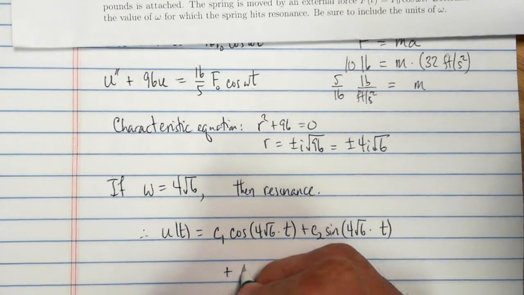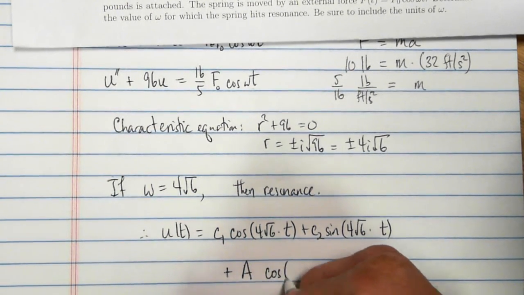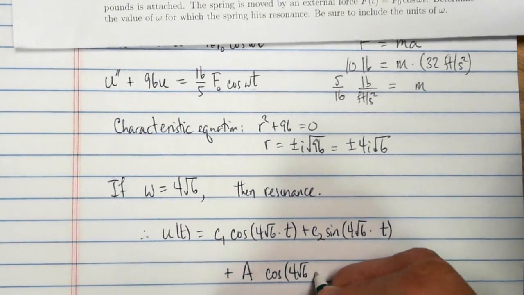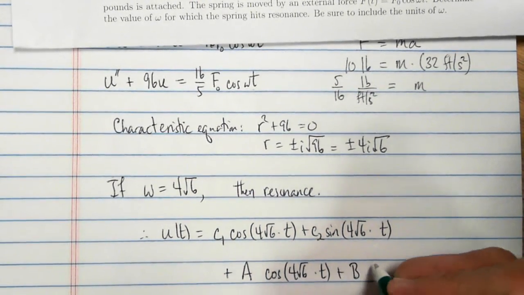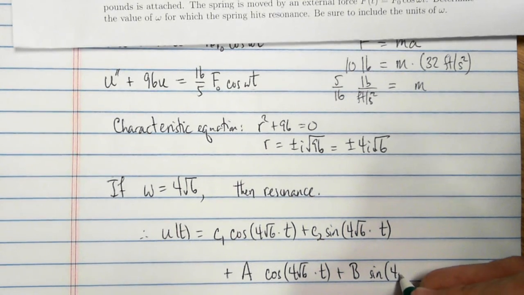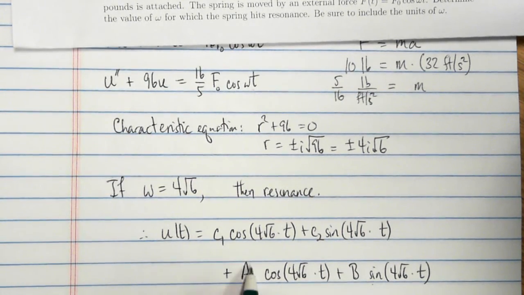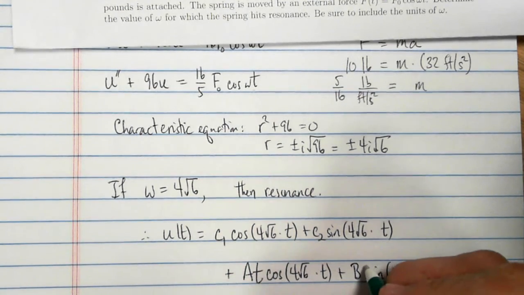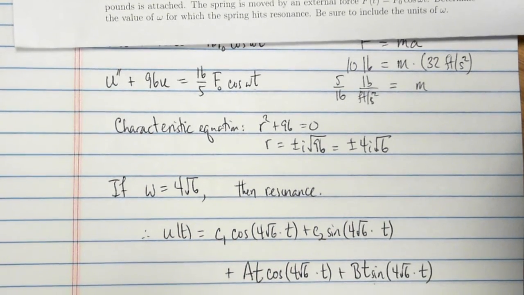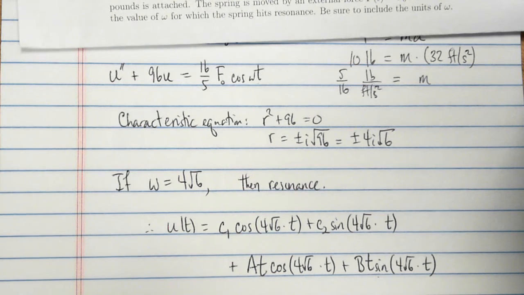And in this case, that would be A times cosine 4 square root of 6 times t plus B times sine 4 square root of 6 times t. Now if I stop writing like this, this is exactly the same thing as the top line except with different constants. So to prevent that from happening, I throw on the extra t's here according to my rules for the method of undetermined coefficients. And so as t gets large, this part blows up, and so the system experiences resonance.